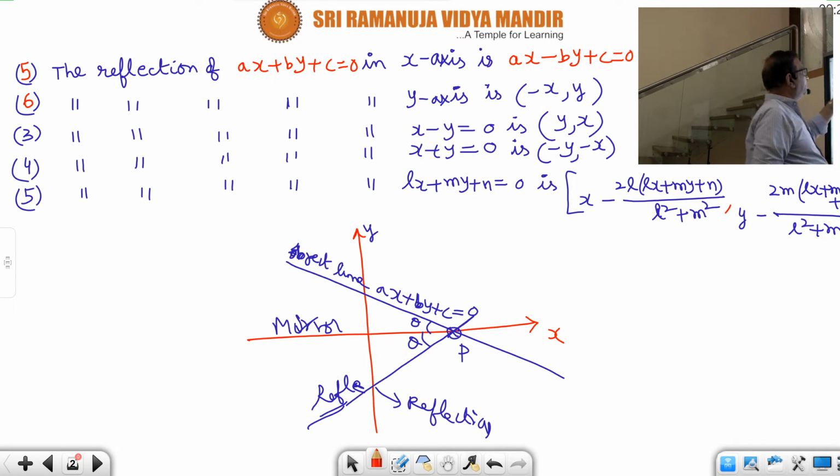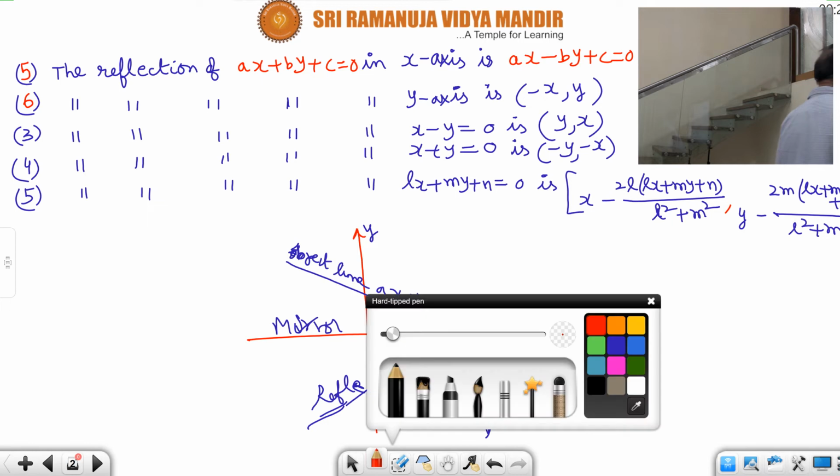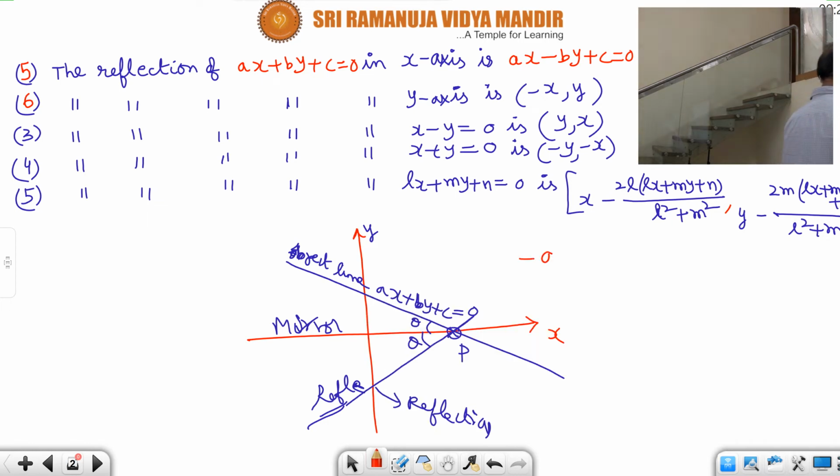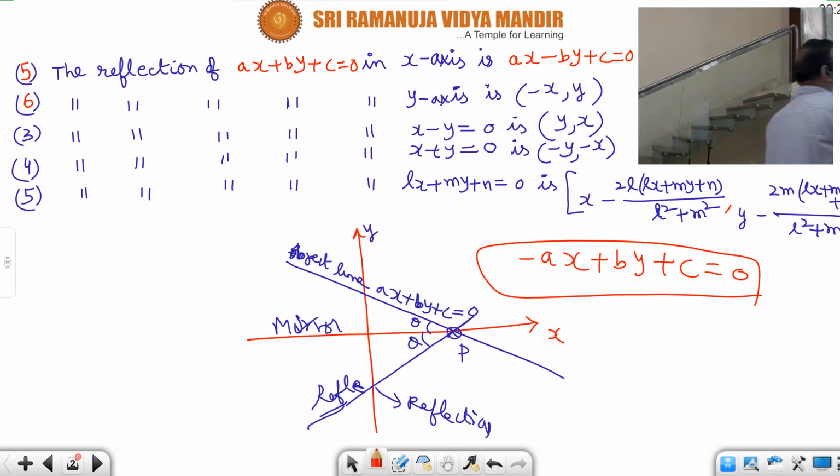The reflection of ax plus by plus c is equal to 0 in the y-axis is what? Tell me. Minus ax plus by plus c is equal to 0 actually, is it not? I am writing it here, because I am substituting minus x comma y there. But starting with a negative sign is not good, so we will multiply by minus and write it as ax minus by minus c is equal to 0. So that is our formula.